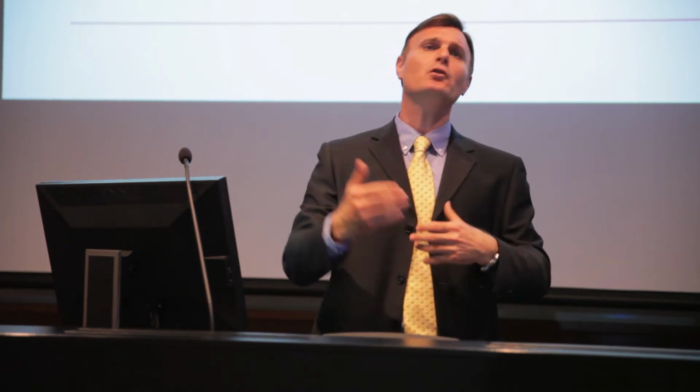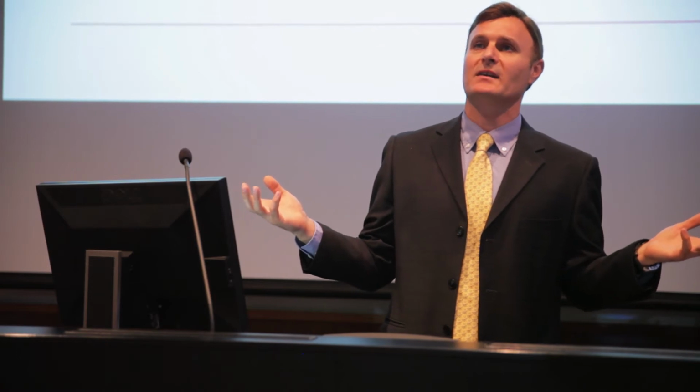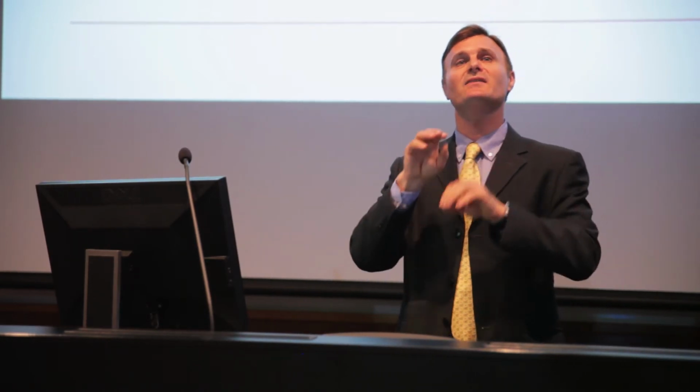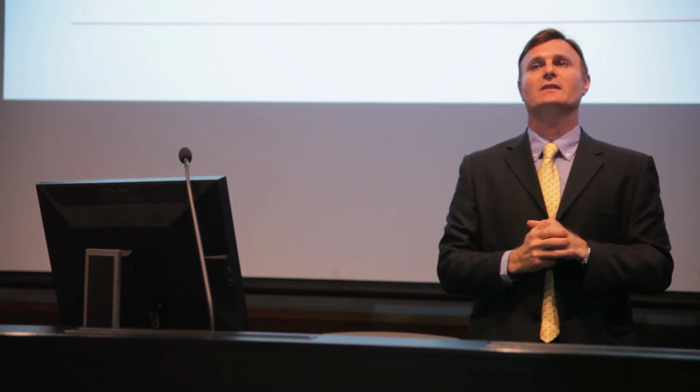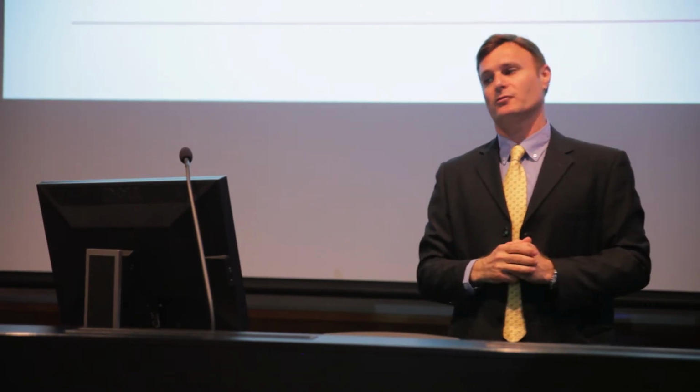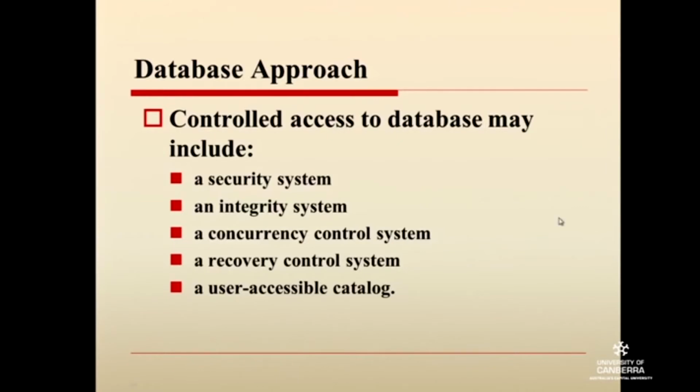So if you have your age in this database and you come and purchase something, we can check on that. If a new person comes in and we want to enter their age, and it is below 15 or over 35, the system will not accept it. So the integrity controls can check that the data you enter is of the correct type and in the acceptable range. The next thing is concurrency control.